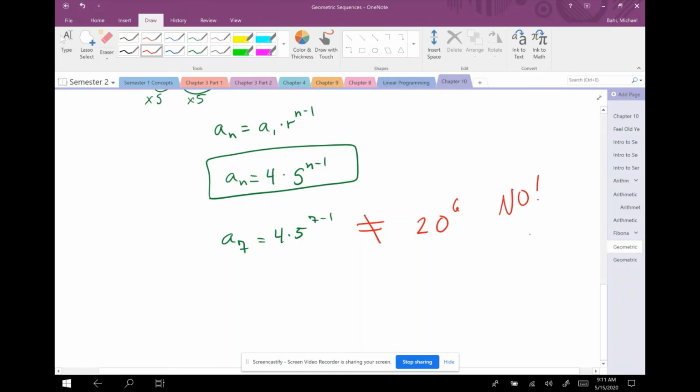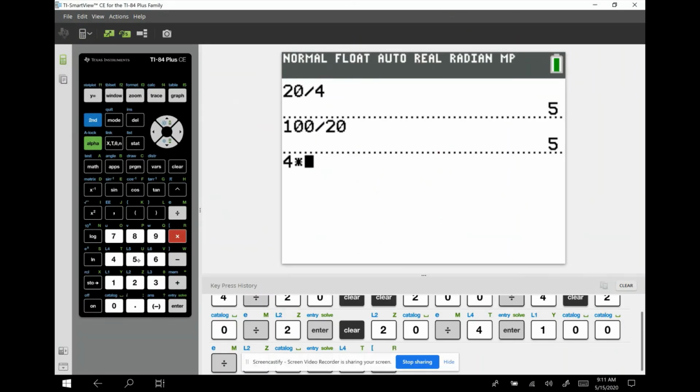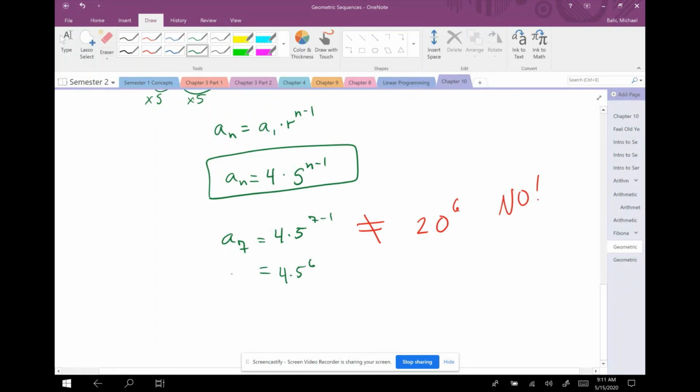So this becomes 4 times 5 to the 6th power. And you can just do this in a calculator. 4 times 5 to the 6th, and we get 62,500. So a sub 7 is equal to 62,500.